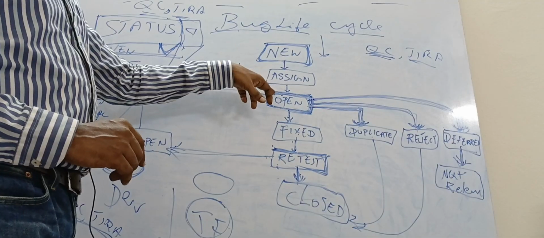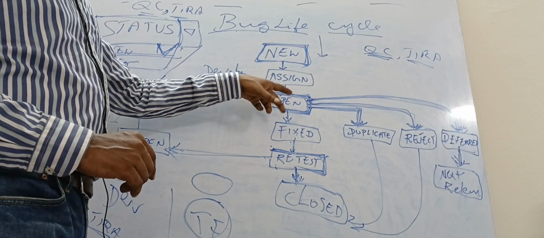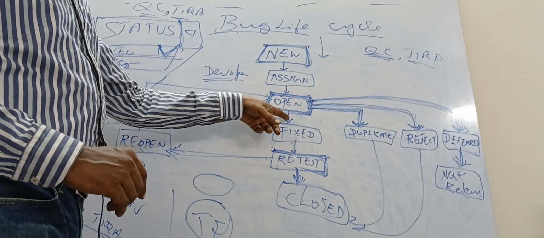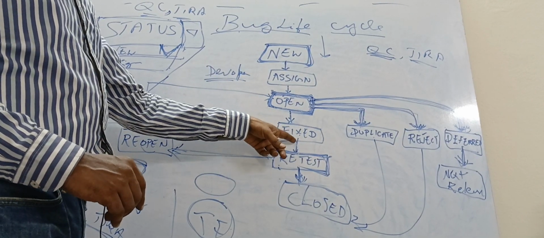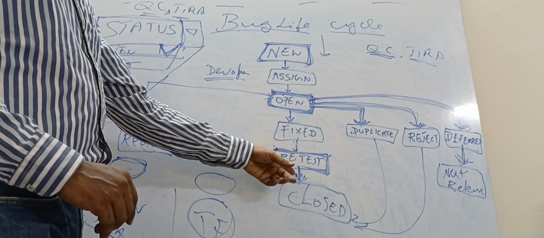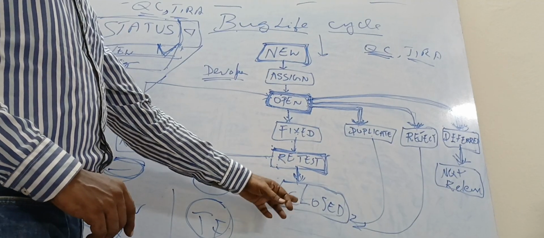If it is truly a defect, the developer will open the defect, and immediately the developer will fix it. After the developer has fixed the defect, the test engineers will retest it, and if the developer has truly fixed it, the defect will be closed.